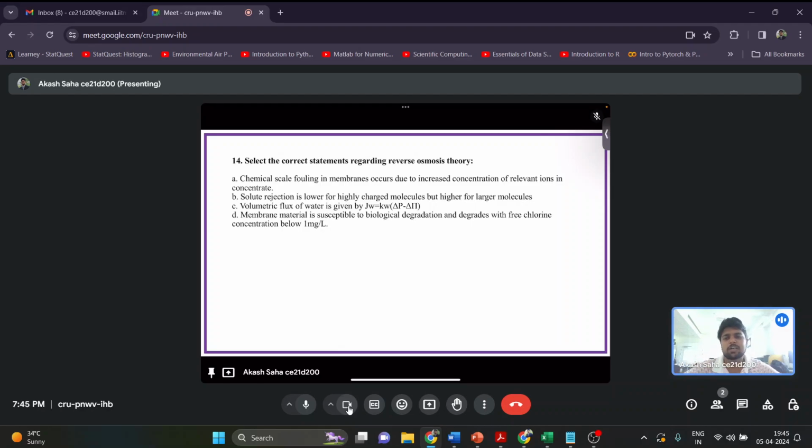Volumetric flux of water is given by JW is equal to KW into delta P by delta Y. Membrane material is susceptible to biological degradation and degrades with free chlorine concentration below 1 mg per liter. So these are the four statements given. You have to find out which of the options are correct. Okay. So go through the problem once again and we'll discuss it later.